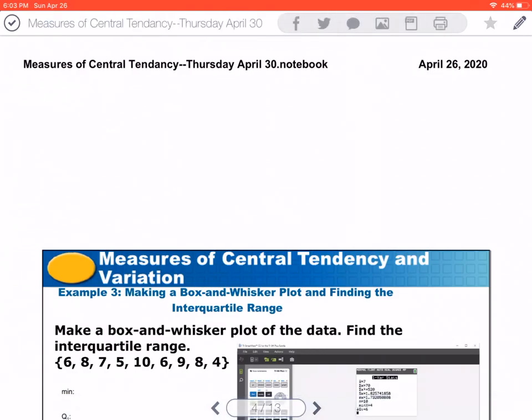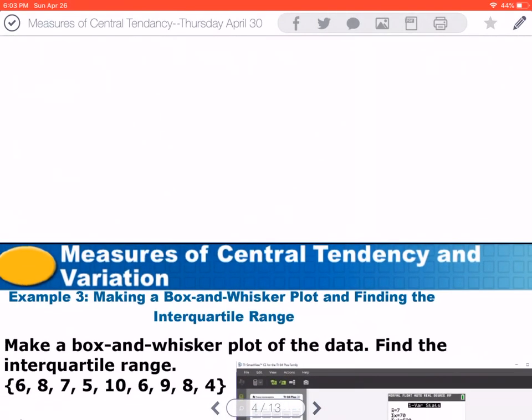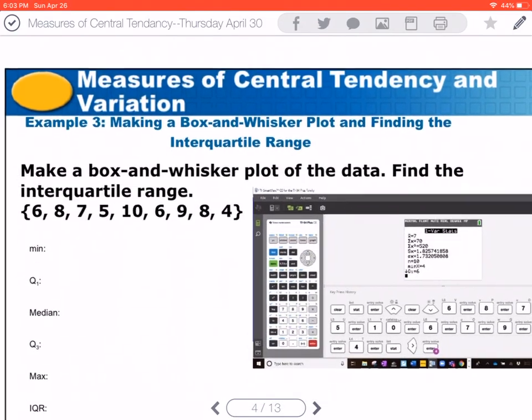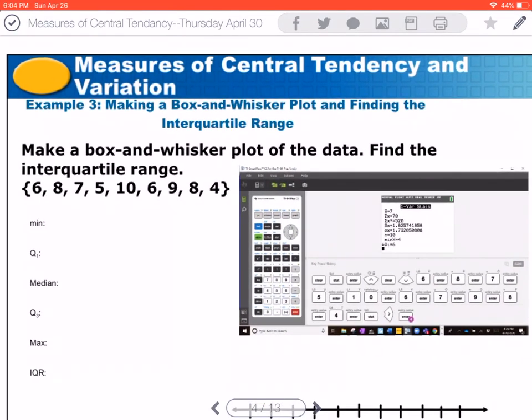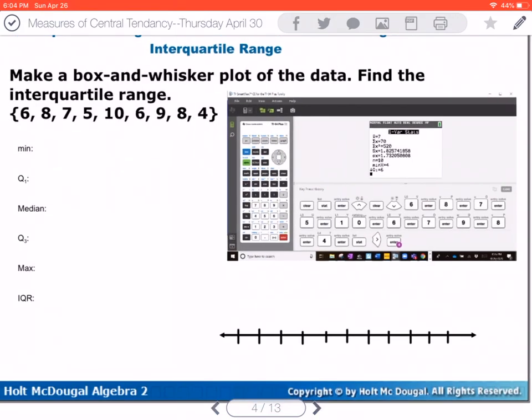All right, so looking at this example, it says making a box and whisker plot and finding the interquartile range. So make a box and whisker plot of the data. Find the interquartile range. So this is our data here. We're going to go ahead and input this data into the calculator. First of all, I'm going to clear out my calculator.